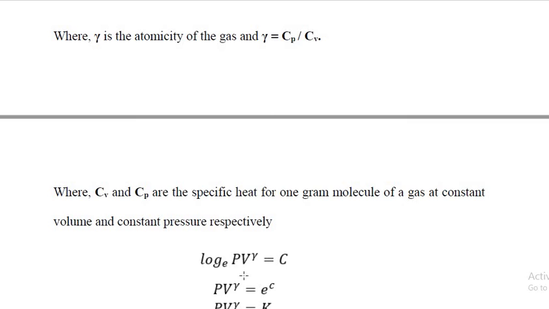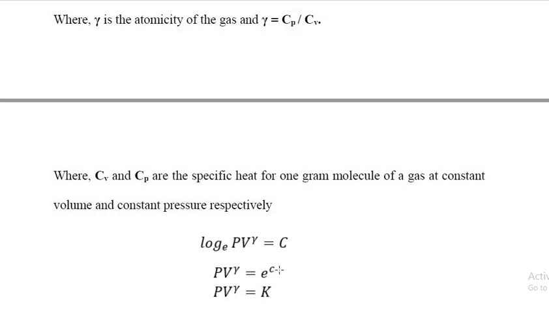So in turn we can write P V power gamma is equal to exponential power C. This exponential power constant is again a constant, so we can equate it to another constant k.